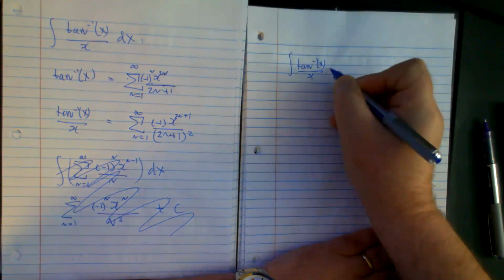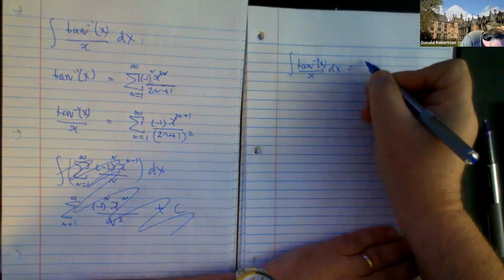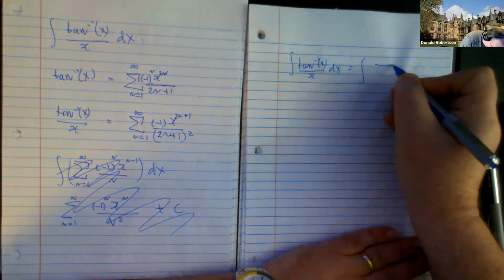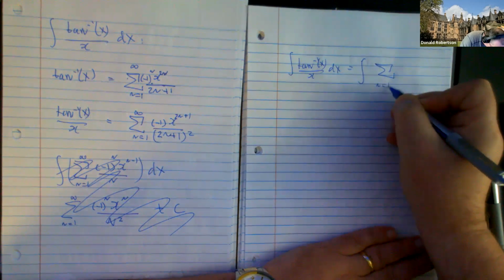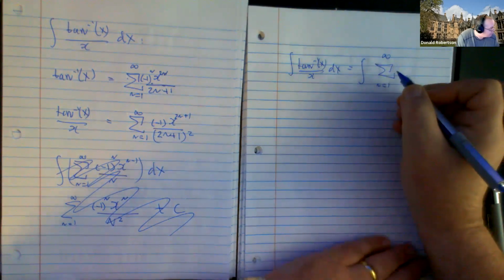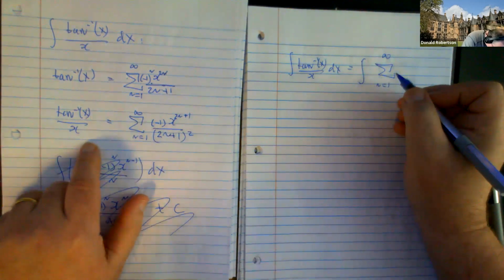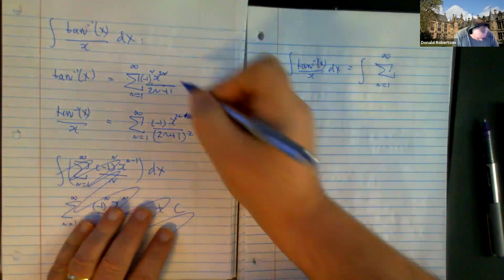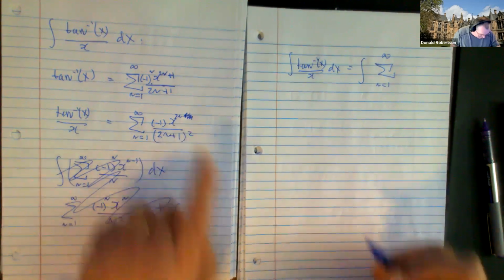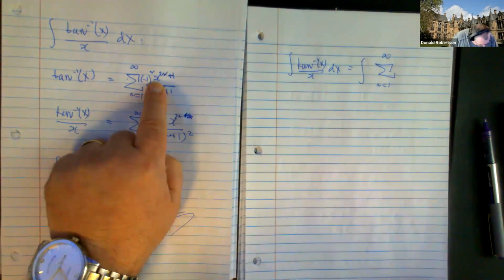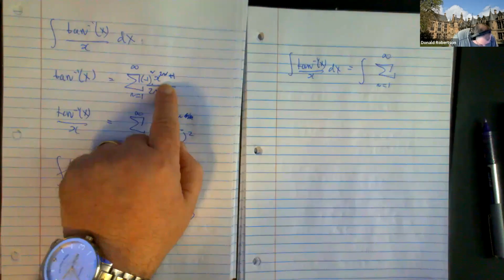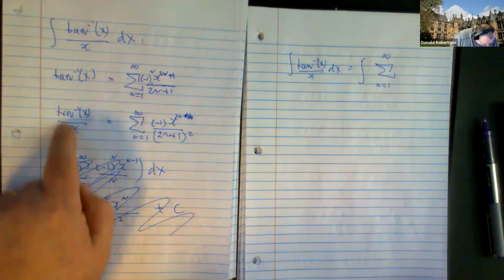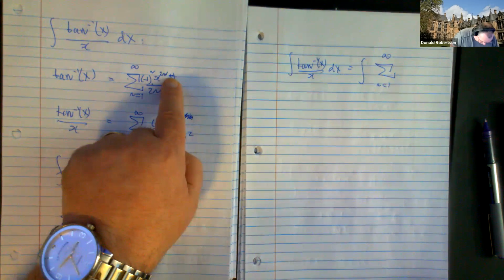Okay, so then you're going to do the integral of n equals 1 to infinity. Now, if you take this and you divide it by x, you then remove that one from there. So this is the correct inverse tan. Right, so dividing it by x removes that 1 power. So now you've got an x to the 2n in there.